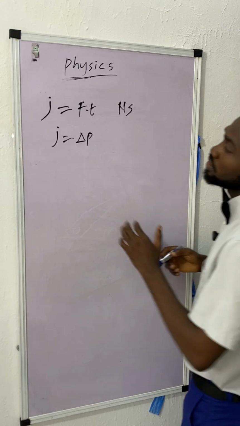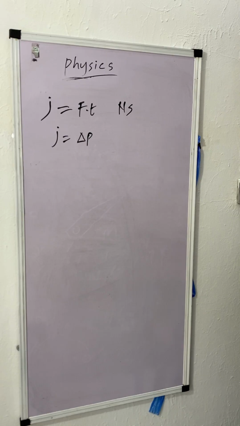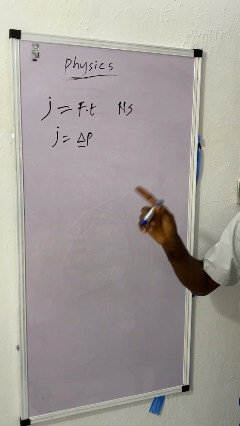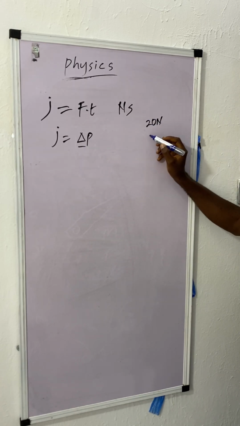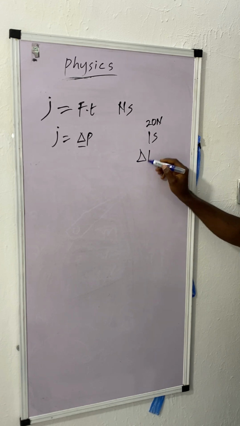So take for example, you are asked to find the change in momentum of a body, but the parameters given to you in the question are force. They gave you 20 Newton and they gave you 1 second. They told you to find the change in momentum.